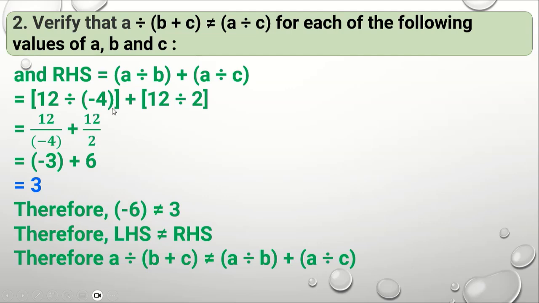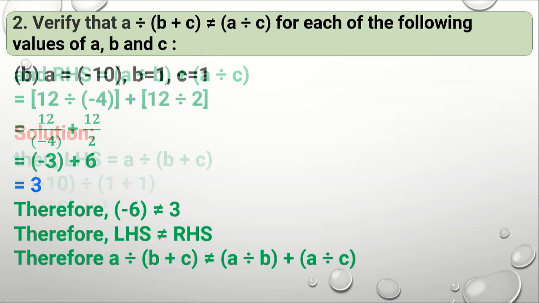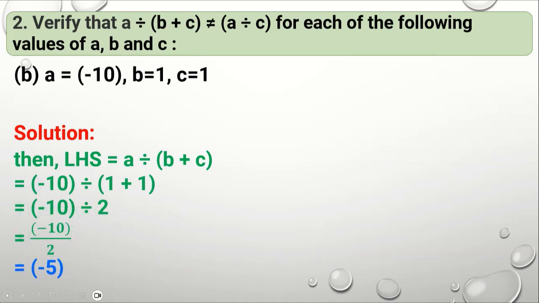So 12 divided by minus 4 plus 12 divided by 2. So 12 divided by minus 4 will become minus 3 and 12 divided by 2 will become 6. So minus 3 plus 6 will become 3. Therefore, minus 6 is not equal to 3. So LHS and RHS are not equal.